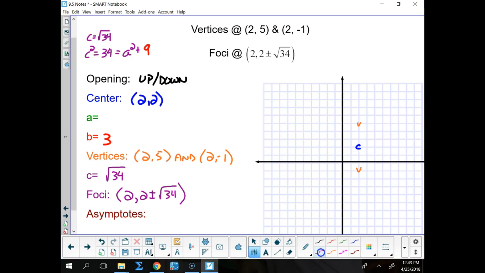So 34 minus 9 is 25. So 25 is A squared. So A is 5. 1, 2, 3, 4, and 5. 1, 2, 3, 4, and 5. Okay.